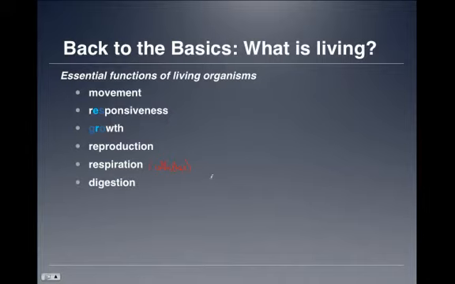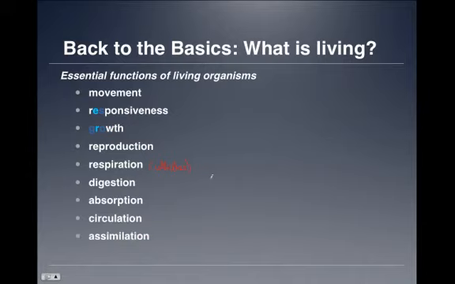So of course then, organisms have to have the ability to do digestion, and digestion would be to be able to break down materials into smaller parts. They have to have the ability to do absorption of nutrients and water. And once they absorb these nutrients or absorb water, they have to be able to circulate and move that water or those nutrients to areas of the body or areas of the cell that need it.